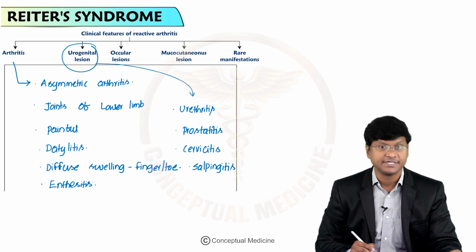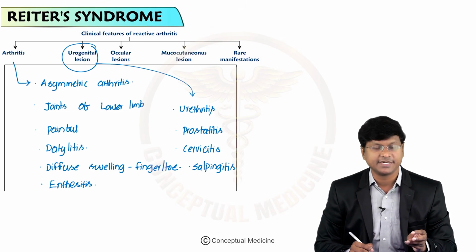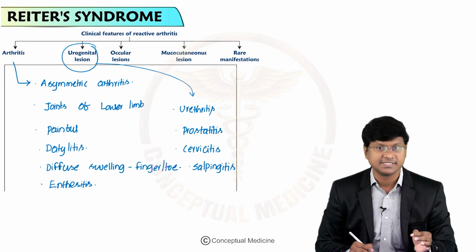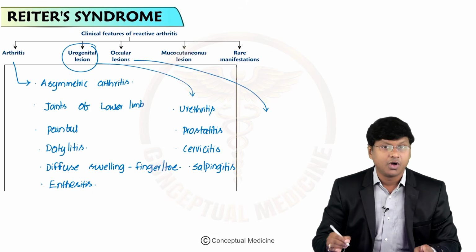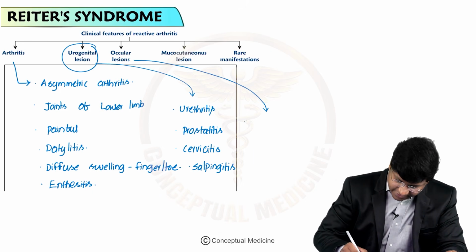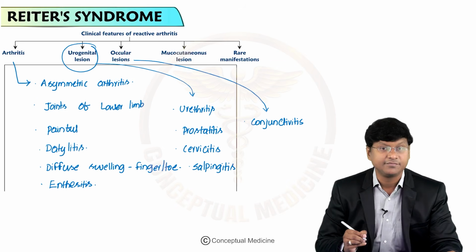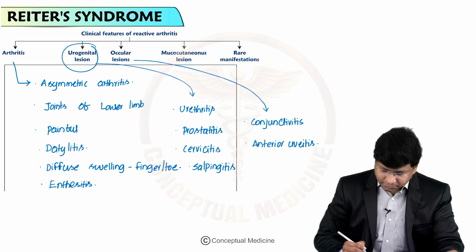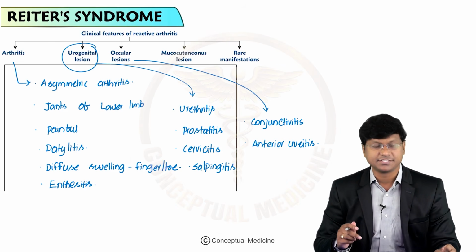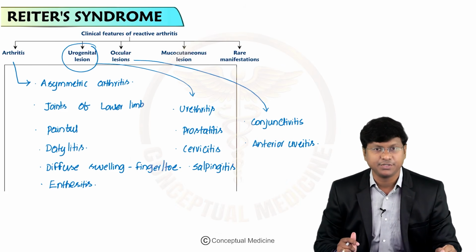So these are the urogenital lesions: urethritis, prostatitis, cervicitis, as well as salpingitis. Then you take the ocular lesions. Ocular lesions will be in the form of conjunctivitis and then anterior uveitis. So these are the ocular lesions, conjunctivitis as well as anterior uveitis.